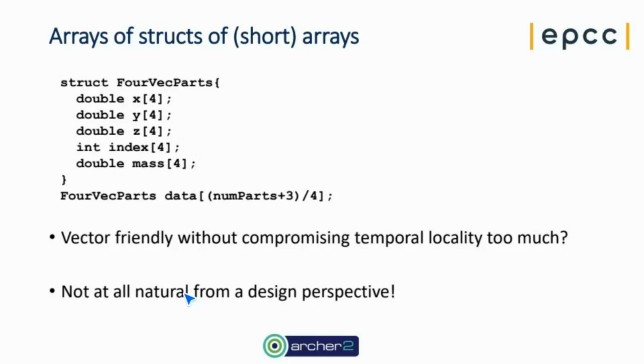It makes absolutely no sense in terms of the underlying science or algorithm to have things in groups of 4. The group of 4 here is purely a convenience for the hardware, and it has absolutely nothing to do with the actual design of the application. So it kind of looks a bit weird.